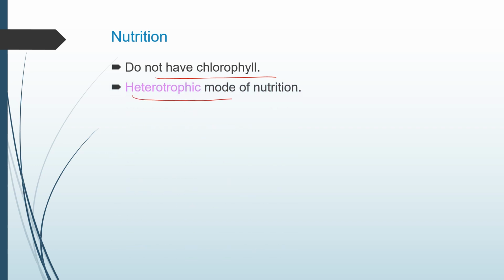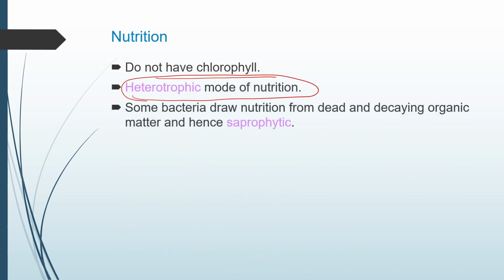Now we come to the nutrition of these bacterial cells. We know that they do not have any chlorophyll, so they cannot make their own food, so they cannot be autotrophic in nature. They should depend on others for food, so they are heterotrophic. Some bacteria draw nutrition from dead as well as decaying organic matter, and hence they are saprophytic in nature.